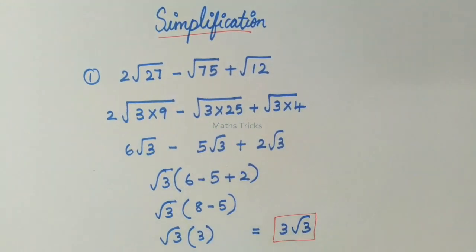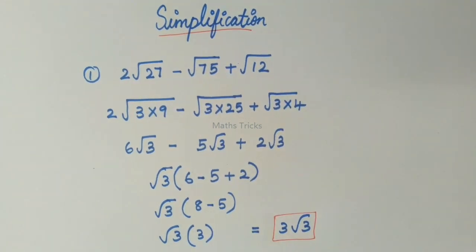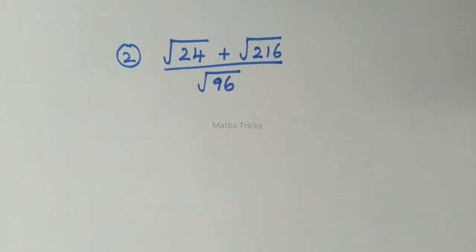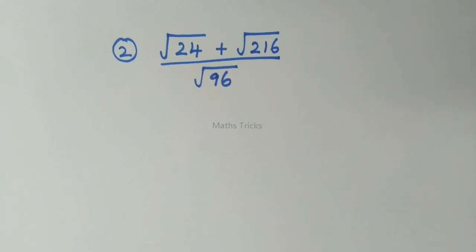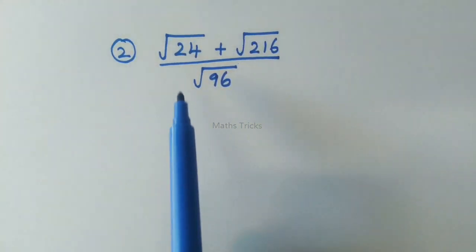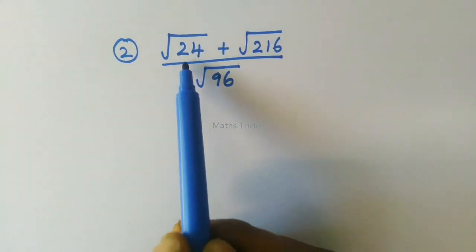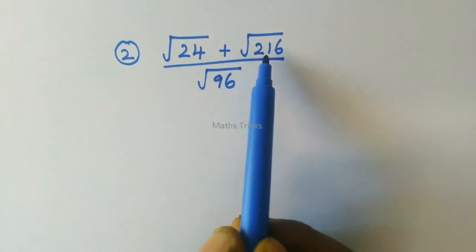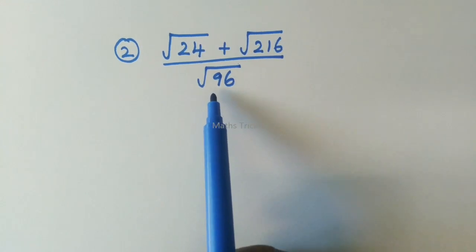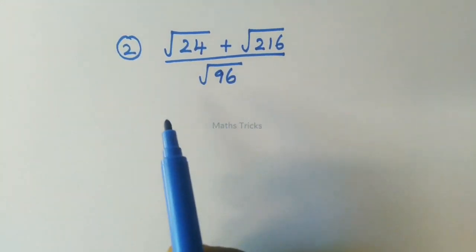Now let's enter into the second sum, that is root 24 plus root 216 divided by root 96. What is the answer? Here these numbers are not square values. So for 24, 216 and 96, we change them as divisible by 6.